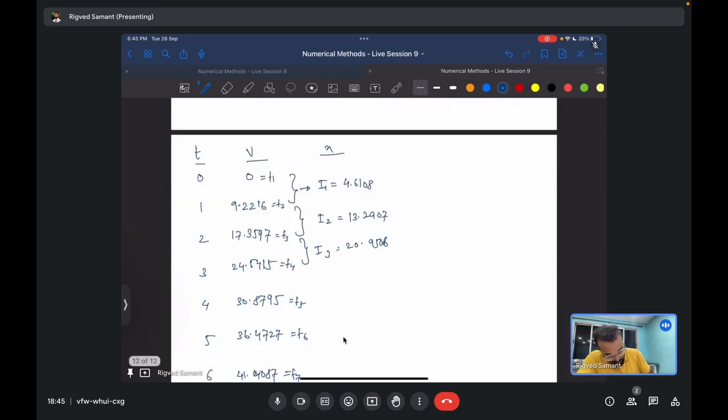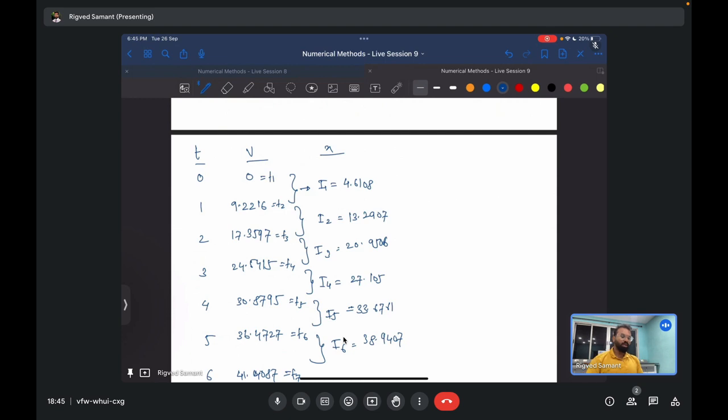From these two you will get I4, that is 27.105. From these two you will get I5 as 33.6761. From these two you will get I6, that is 38.9407.